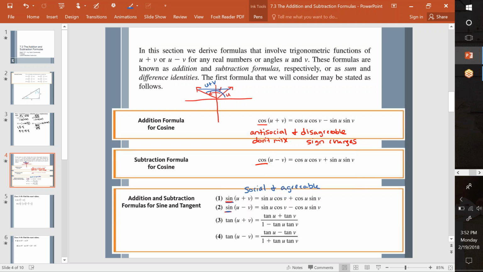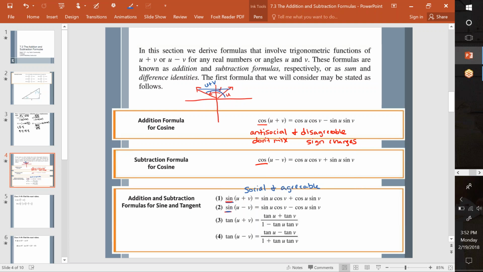And notice that with u and v, you have one of those per part. A lot of people will mess this up and put both of these being a u. Not only do the sine and cosines mix, but u and v are only represented once in each part. And then cosine and sine are mixing again here, but the sign is staying the same.